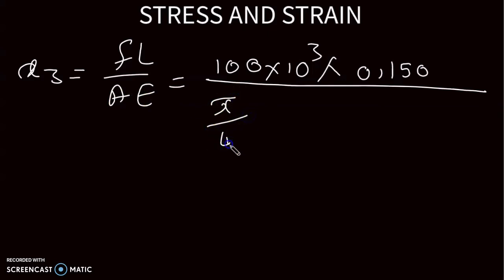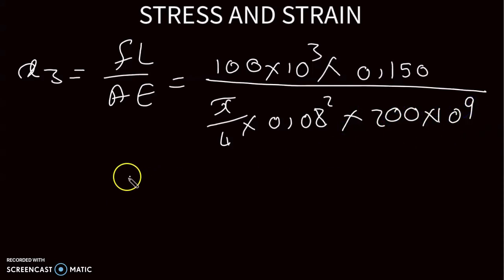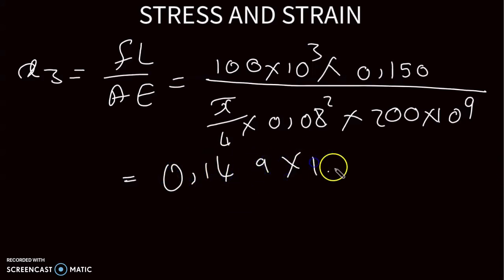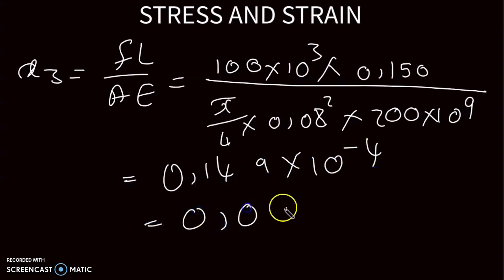And then the area, divided by 4 times 0.08 to the power 2, times the Young modulus of elasticity, which is 200 times 10 to the power 9. And then we are going to get an answer of 0.149 times 10 to the power -4. I am also expressing this in millimeters, converting it to millimeters.